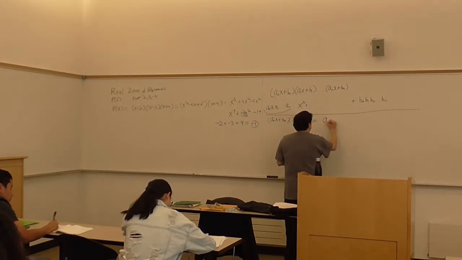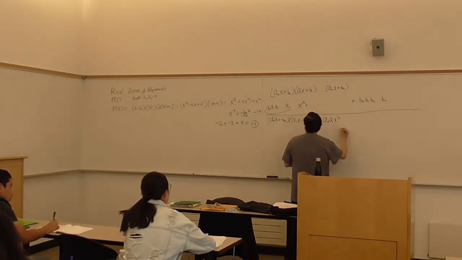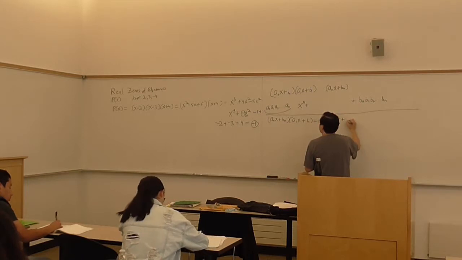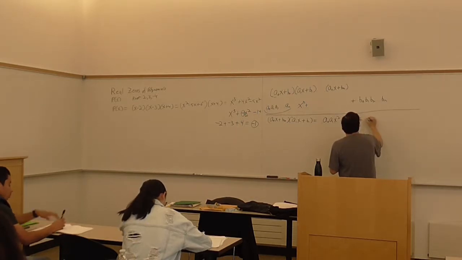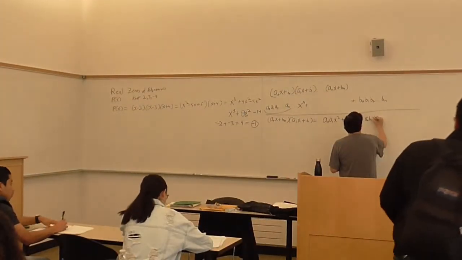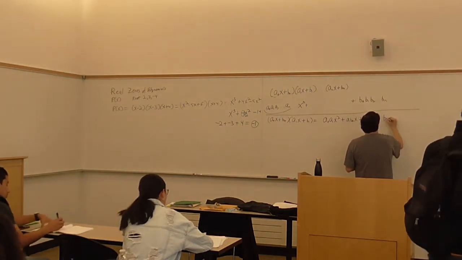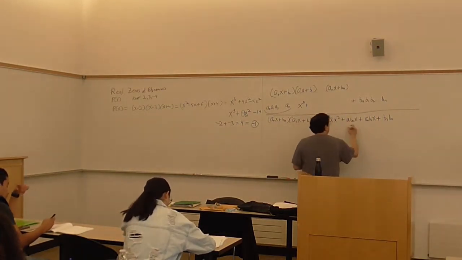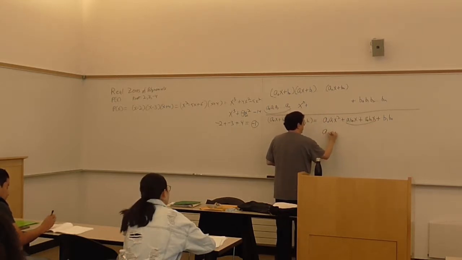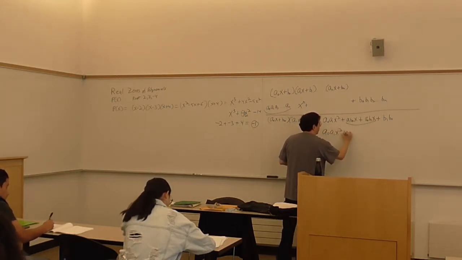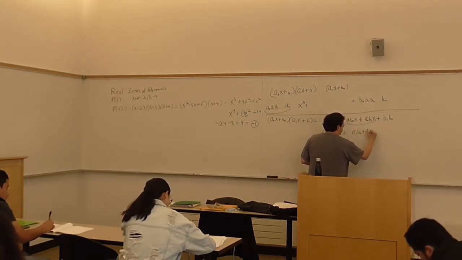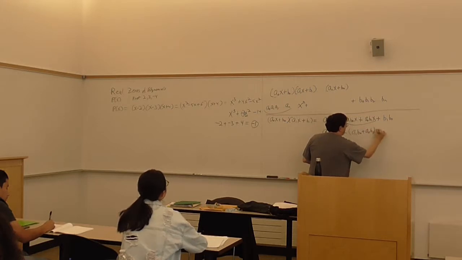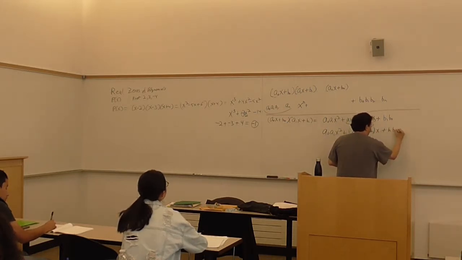So we get A0A1x squared plus A1B0x plus A0B1x plus B0B1, or I can combine these and I just get A0A1x squared plus (A1B0 plus A0B1)x plus B0B1.